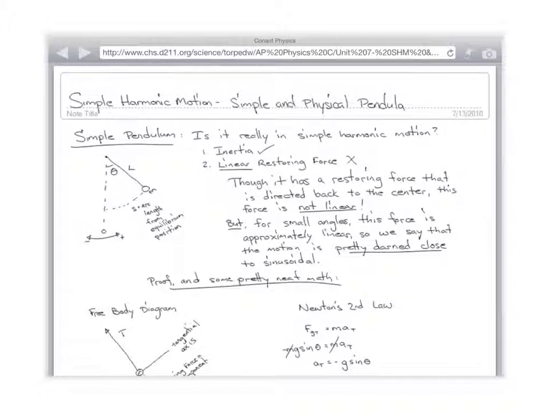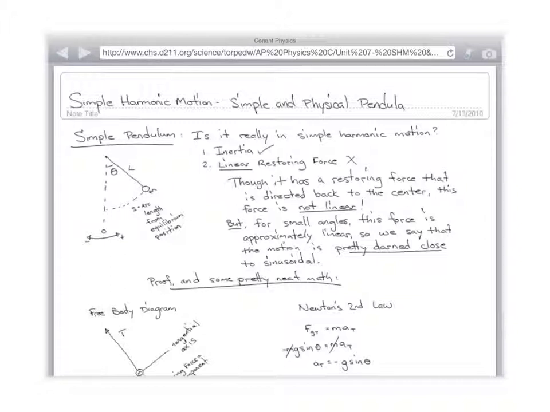If I pull it to 40 degrees, is there twice as much mg sine theta? No, because the height's not double. Sine of 40 degrees is not twice as much as sine of 20 degrees. Do you see that?